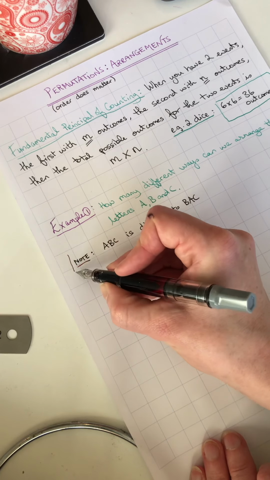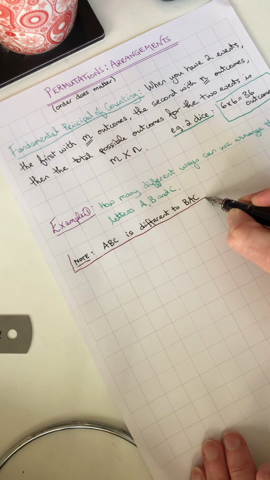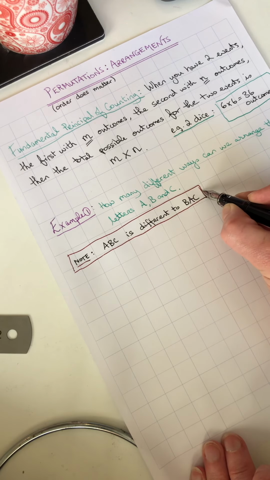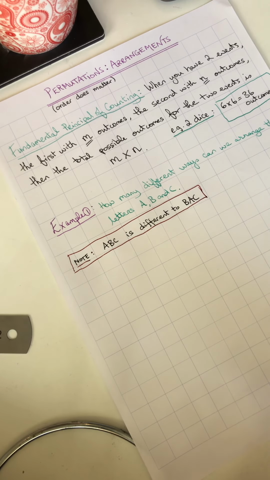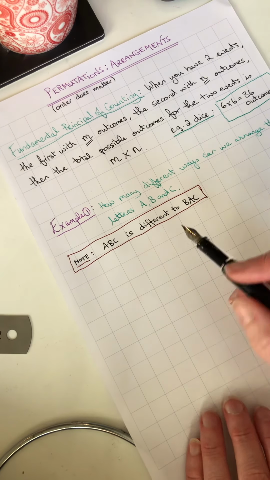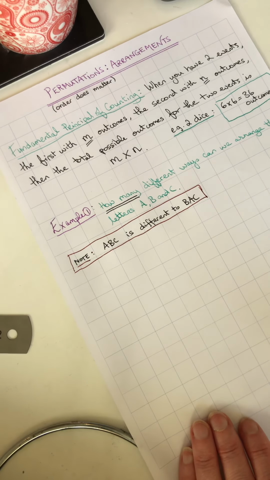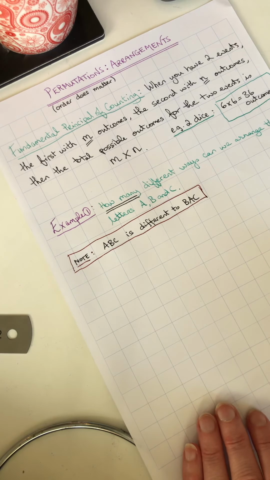Now, in these questions, they don't actually care what those permutations are. They're not going to ask you to write them out, usually. What they want to find out is how many of them. And we have a trick to this, but first let's do it the long way. Let's look at listing out the different permutations.